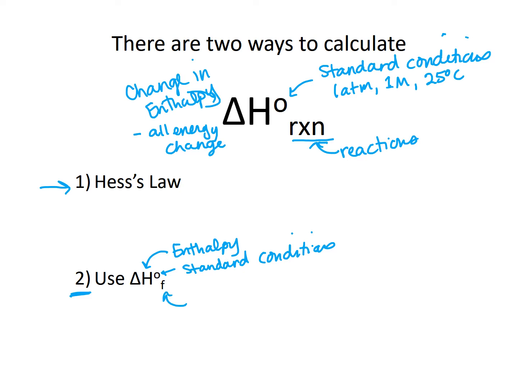And then this F right here means formation. Okay, so we're using delta H naught of formation. And you find these on a table. Okay, so let's talk about what these values are first, and then I'll go through how to use them to calculate this delta H of the reaction.